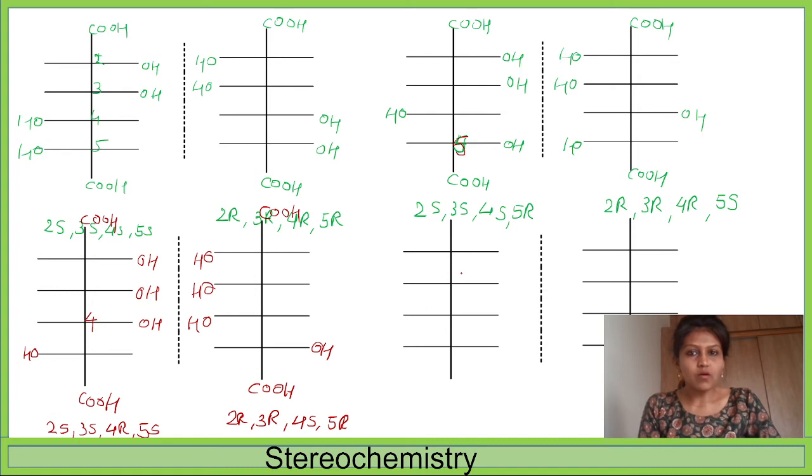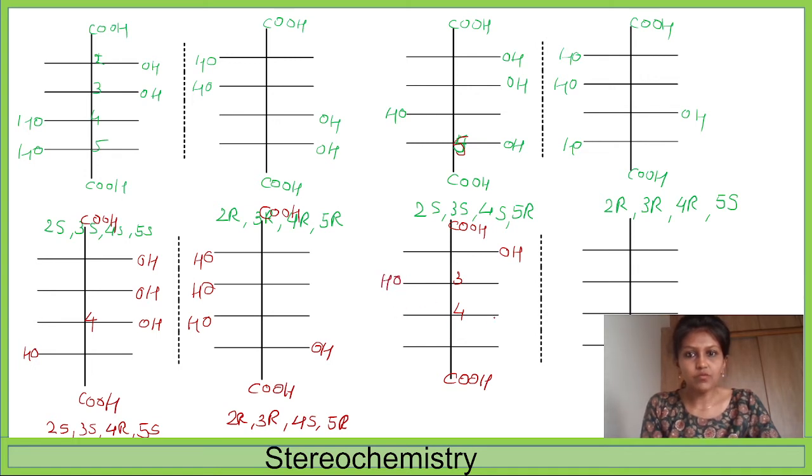Now suppose I change the position at carbon number 3 and carbon number 4: COOH, COOH. So OH, now carbon number 3, compared to molecule 1, becomes left hand side.